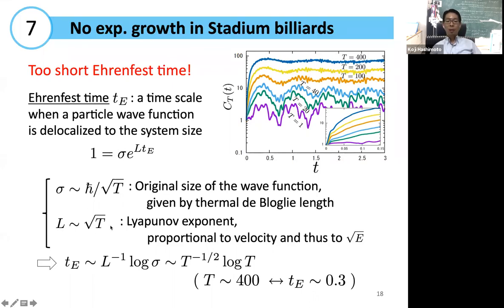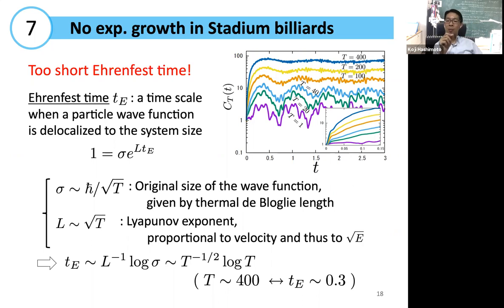The reason is that the Lyapunov exponent is actually measuring how the initial sensitivity grows exponentially. And in classical billiard, there is only one chance to actually change the sensitivity.